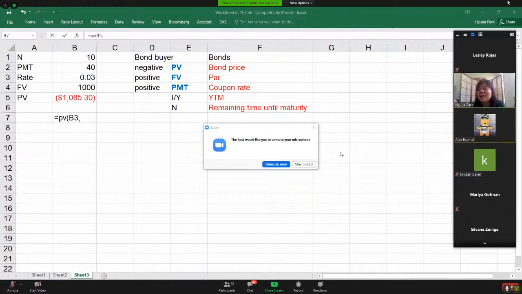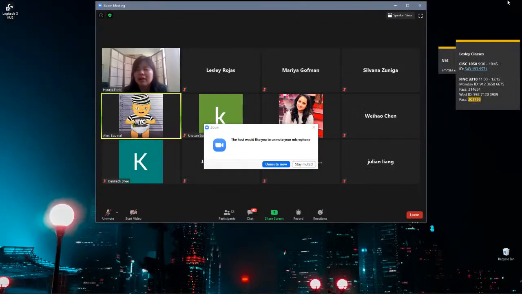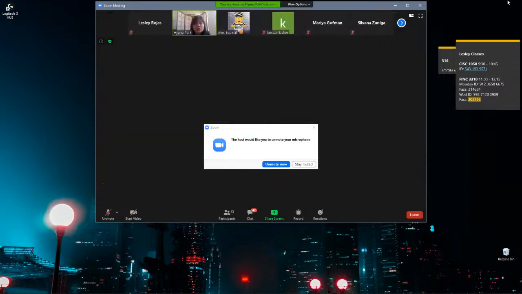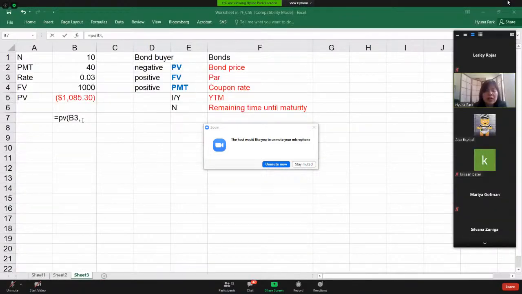Okay. So the next question: what if it's divided or multiplied? How would you do that? Say that again. What if you have to multiply and divide? Let me share the Excel file again. So do you want to multiply what?